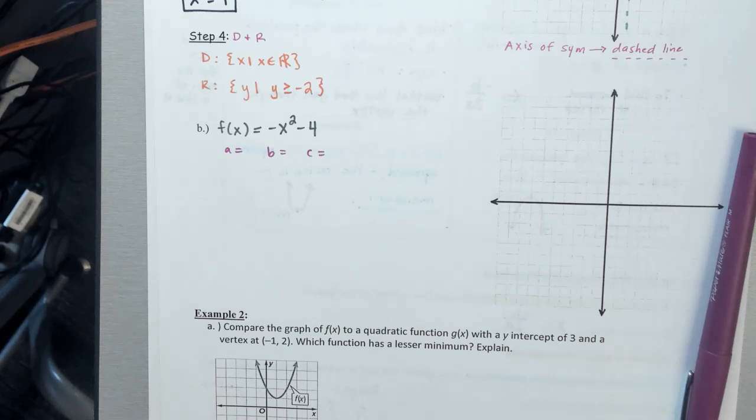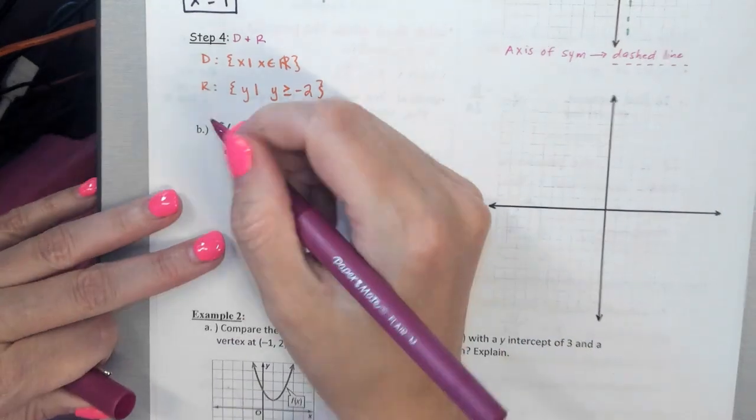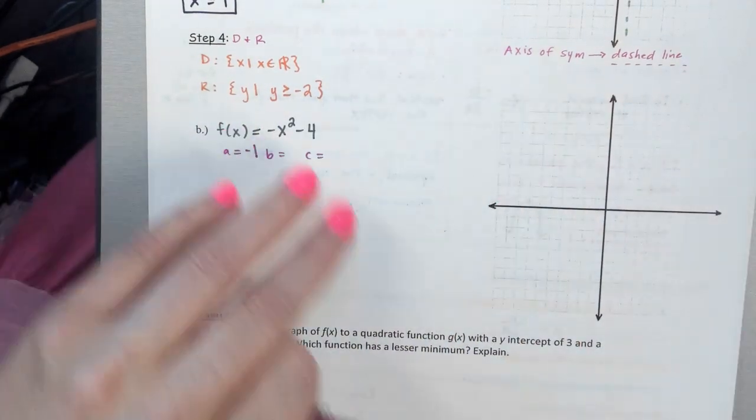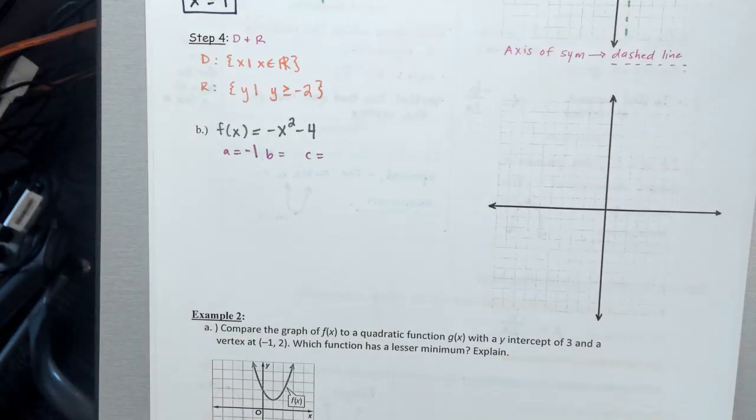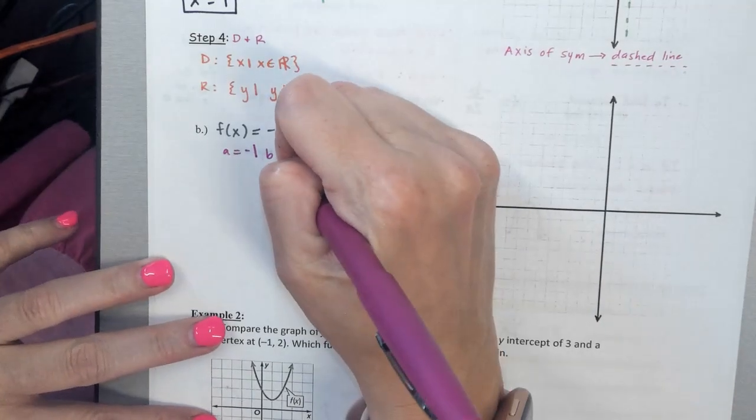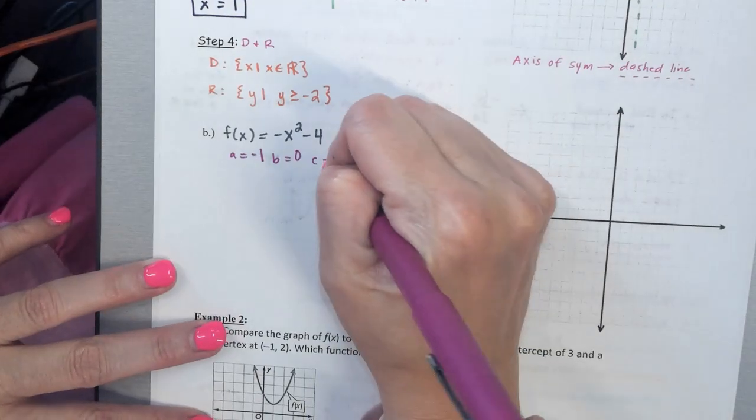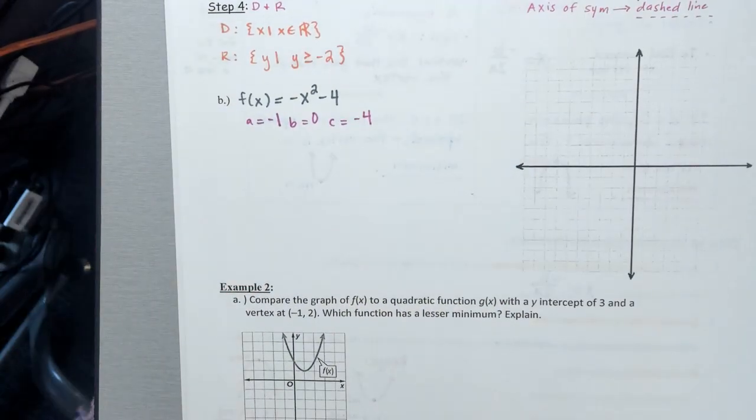X squared. So what's in front of x squared if it's just a negative? -1. And then B is always in front of x. Do we have an x in here? No, so what's your B? 0. And then C is always the y-intercept, which is just that constant term.